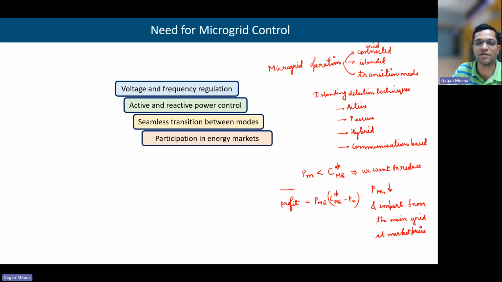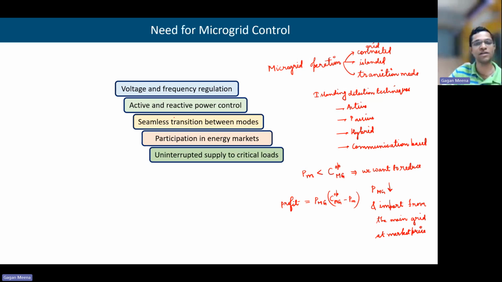In the operation, this much profit can be earned, or this much cost can be saved by the microgrid. If participation in the energy market is there in the control algorithm of the microgrid controller, then the operation will be more economical. That's another reason why we need to have microgrid control.